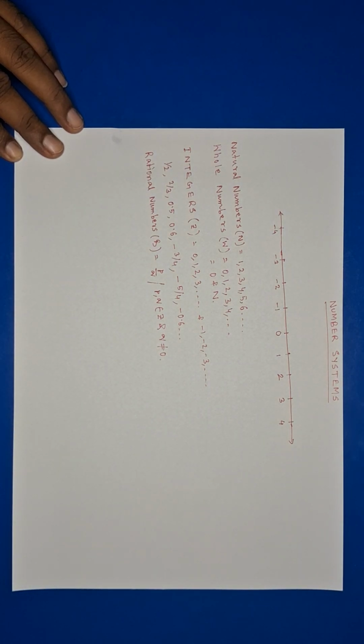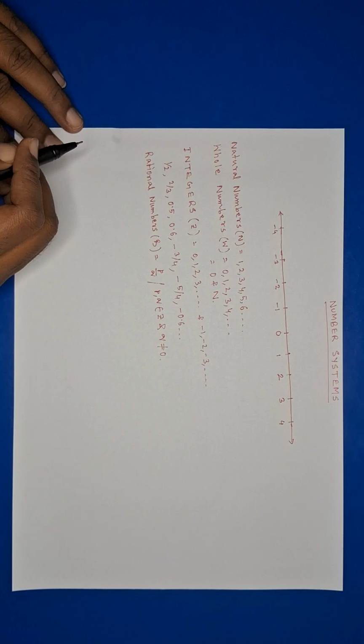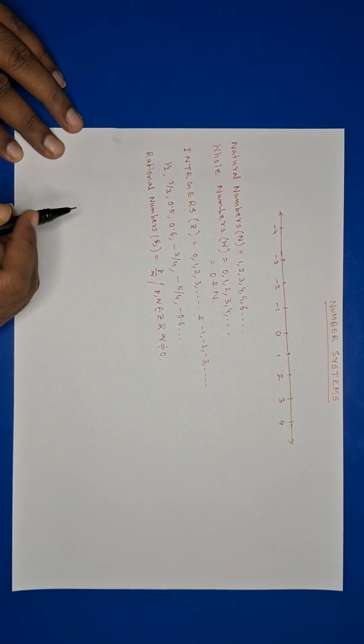So let us do one example. This is the first example of the number system in the NCERT book, where you have to state which statement is true and which statement is false.